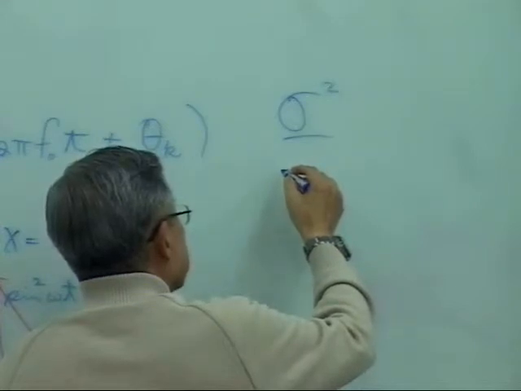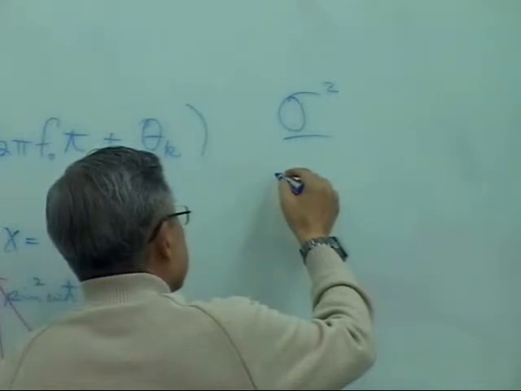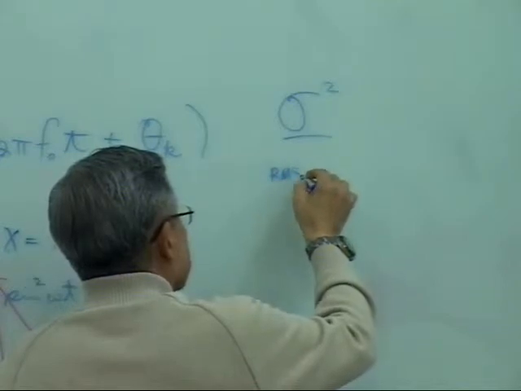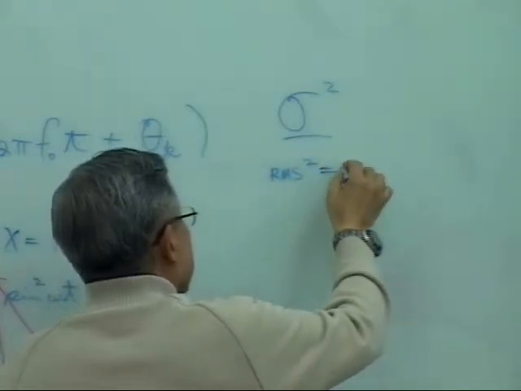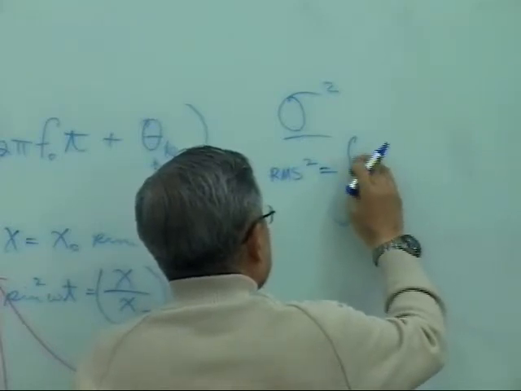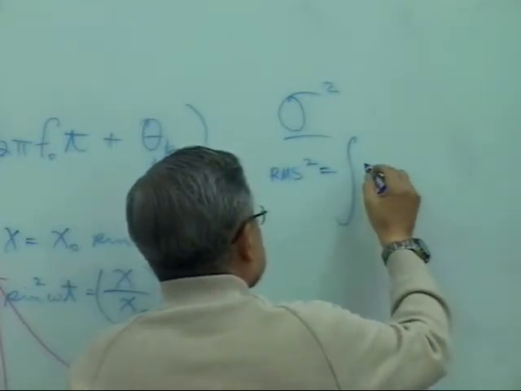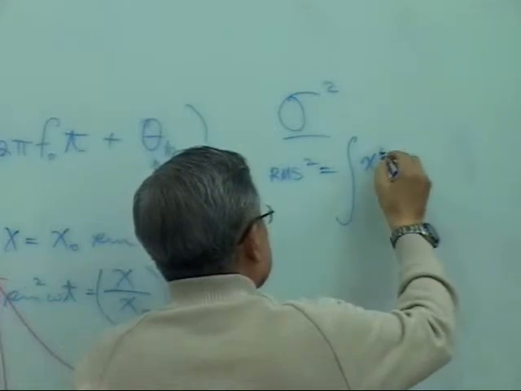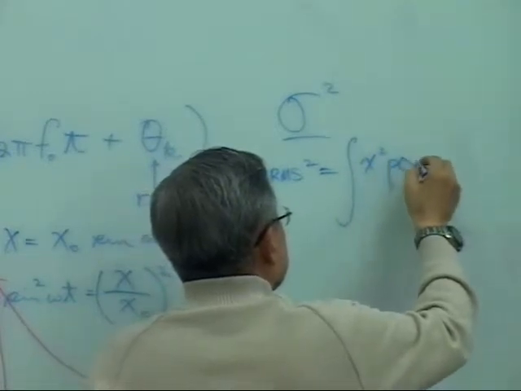The RMS, the mean square value. Mean square value. RMS square value. The RMS of x squared, in equation form.